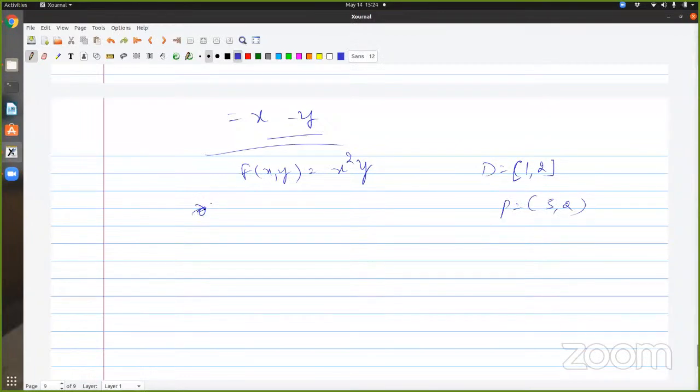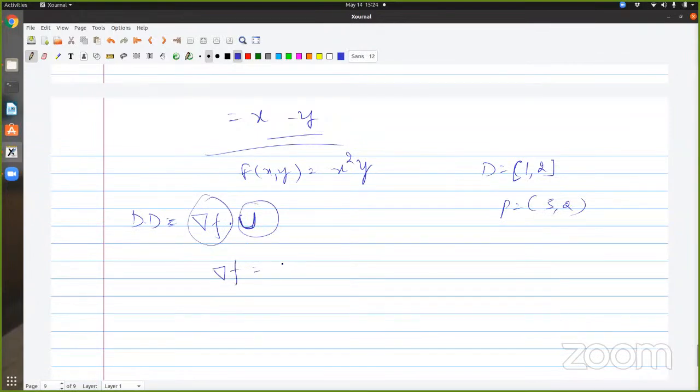So what is the directional derivative? Directional derivative is the weighted sum of partial derivatives, and precisely it is the gradient of f dot product with the unit vector of the direction.